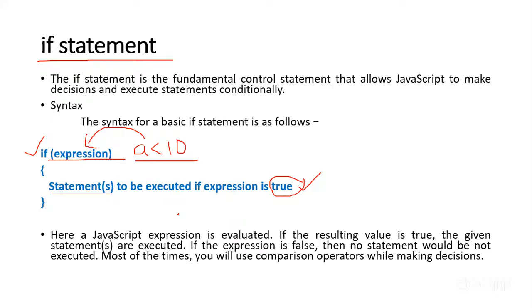That case only we are covering here. What happens if the expression is false? We will cover in the if else statement. If this condition is true, then this will be executed. If this condition is false, this statement will not be executed. That's it about the simple if statement. If the condition is true, the statement is executed. If the condition is false, the statement is not executed. That's it.